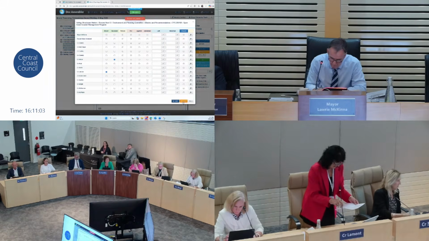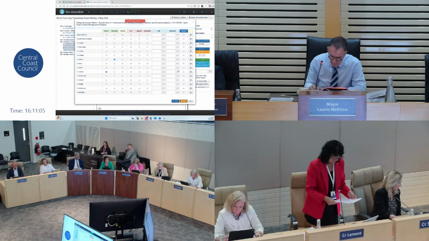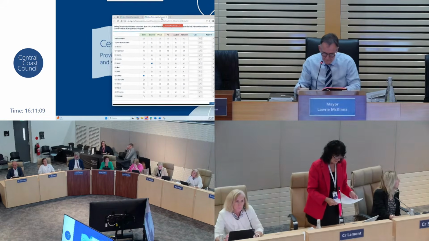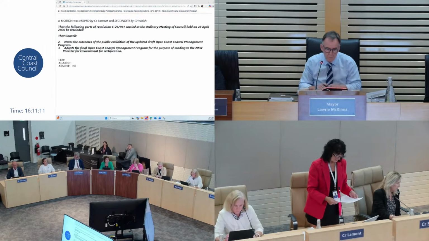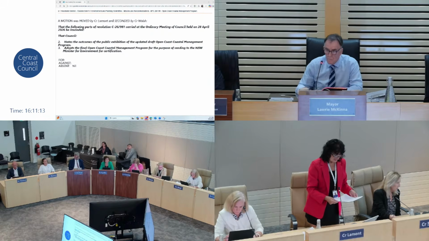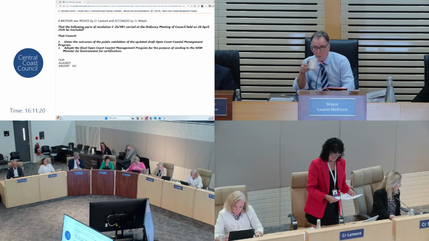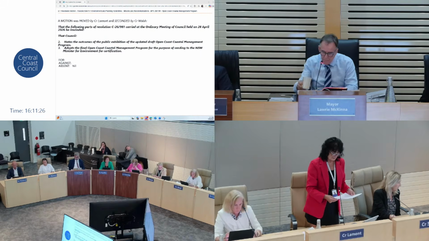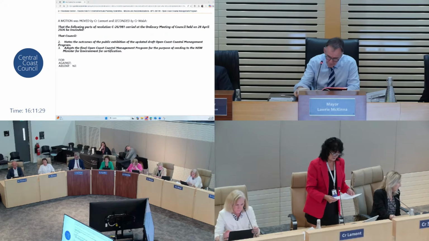So, first of all, why is it important that this CMP is sent to the Minister today rather than waiting until the 26th of May Ordinary Council meeting? And does this urgency have anything to do with the Section 68? The RA Minister, this is what Director Nichols said on Council meeting 28 October last year: the RA Minister is not proposing to approve permanent works except when those are proposed through the CMP and certified by the government.